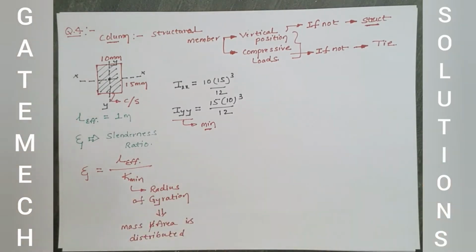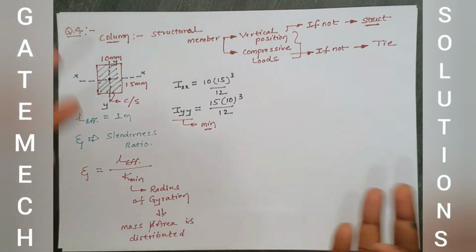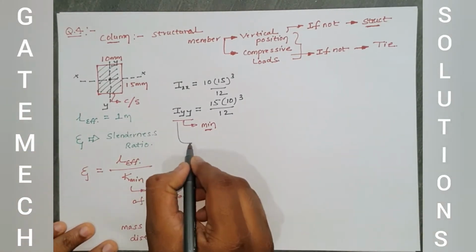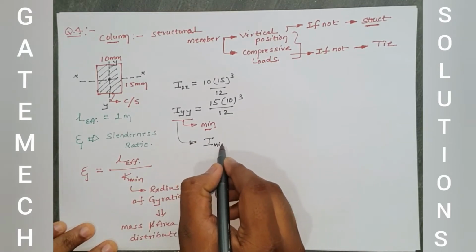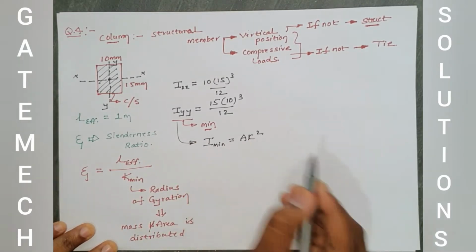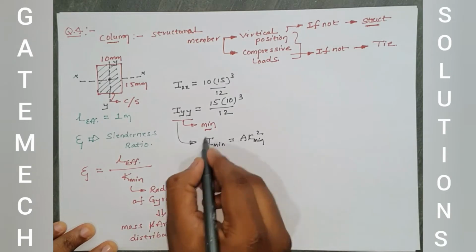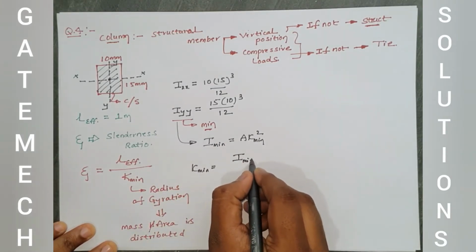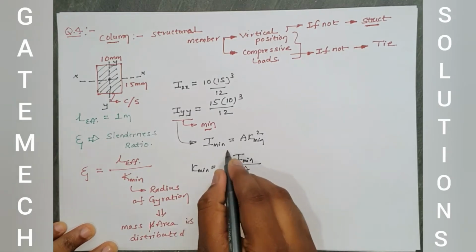How far the area is distributed, how far the mass is distributed, can be called radius of gyration. To calculate radius of gyration, keep it in mind, I minimum I am taking as k squared. So here k will be minimum because I is minimum. From this k minimum, you can calculate the value of slenderness ratio.